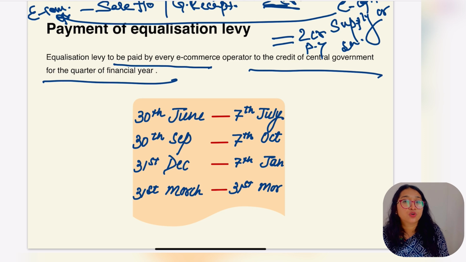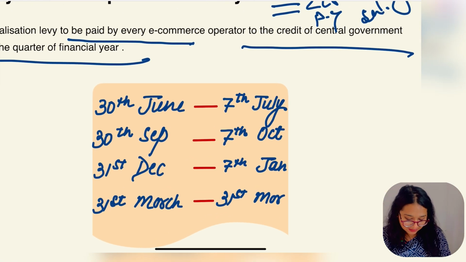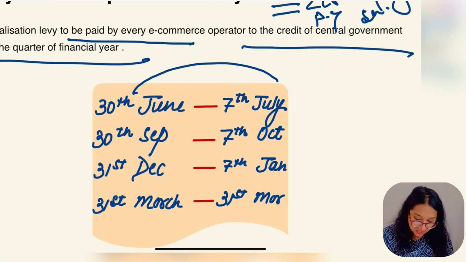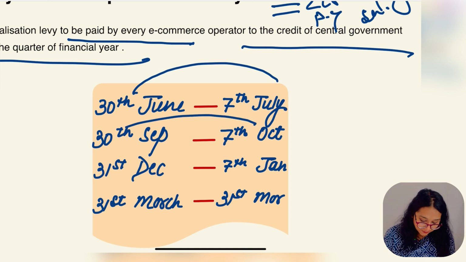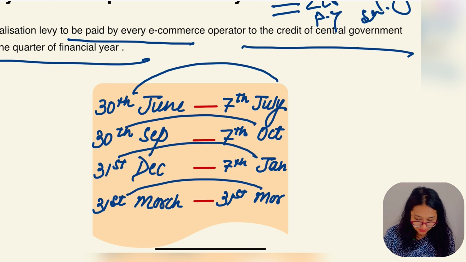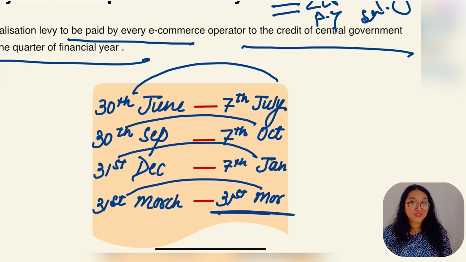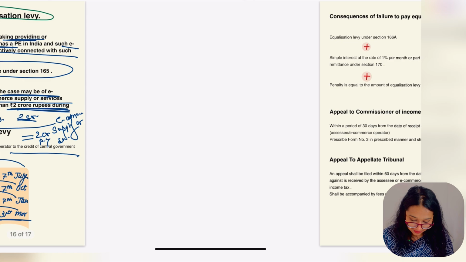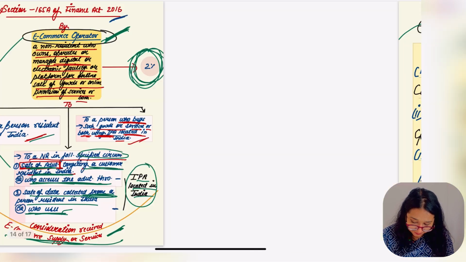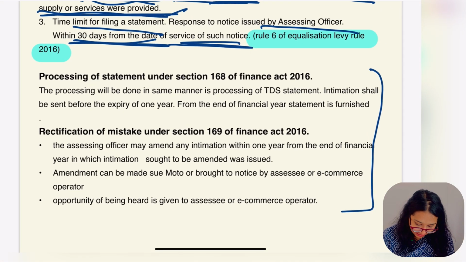On a quarterly basis of the financial year: 30th of June, 7th of July; 30th September, 7th of October; 31st December, 7th of January; 31st of March, not 7th of April. Is this part clear? So there were 2 points which I left.